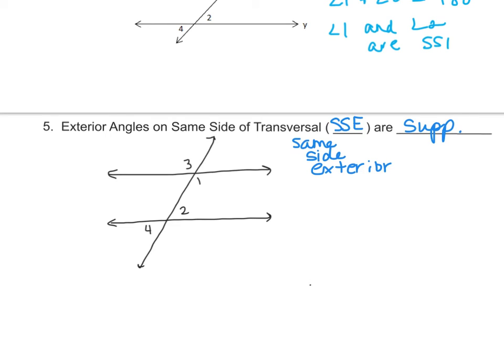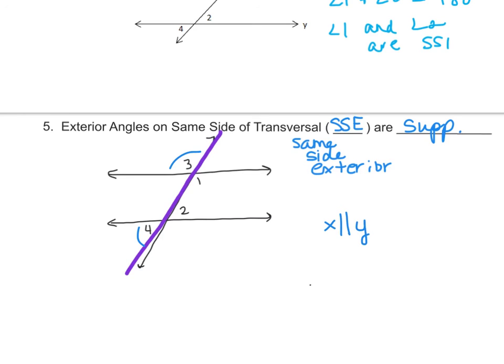So, if you look at our picture, we're looking for exterior angles. We've got 1, 2, 3, 4. Now we're talking about angle 3 and angle 4 are your exterior angles. Again, don't forget, this is our transversal cutting through. So let's say we have parallel lines.